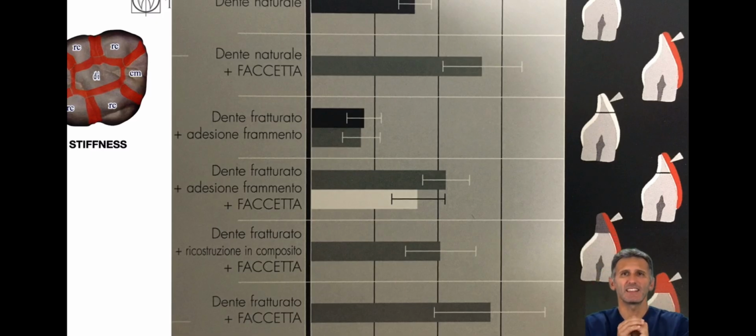We see that adding an increased thickness of ceramic can replace enamel quite well. Of course, this is a simplification because enamel has a quite tricky network of interlocking with dentin, but if we want to simplify things, we can say that you can replace enamel in a quite predictable way.